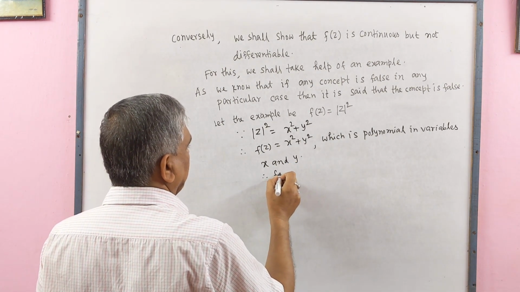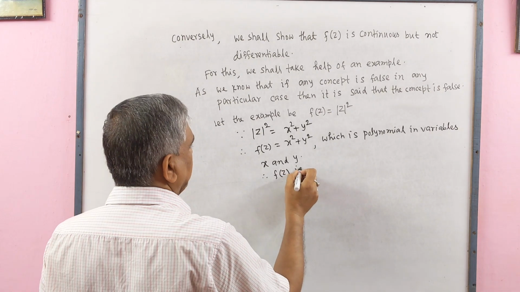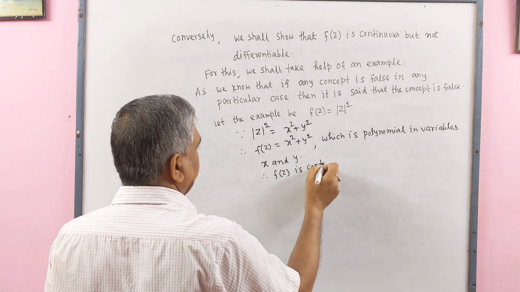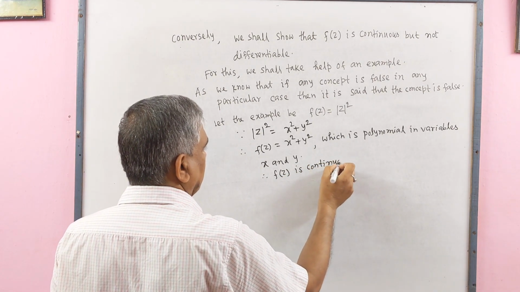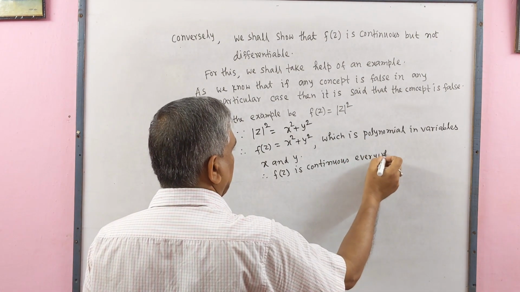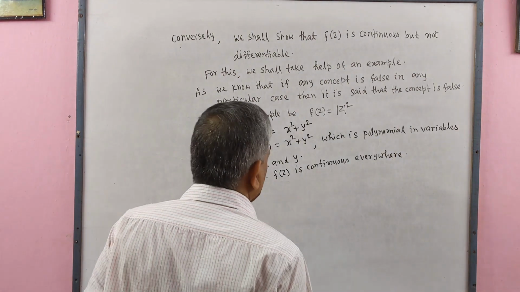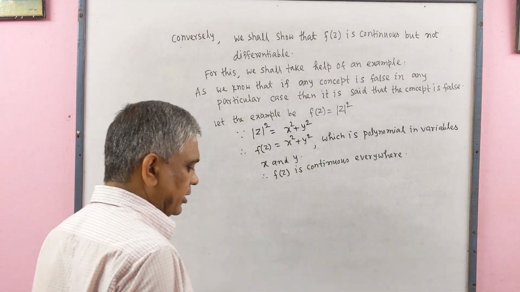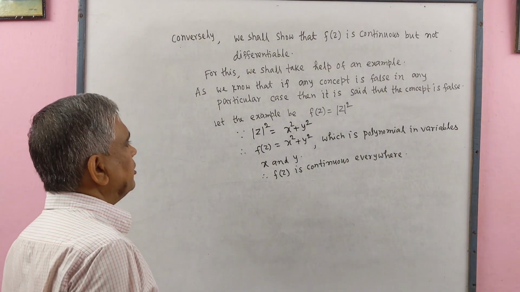Therefore, f(z) is continuous everywhere. Now we shall show that it is not differentiable at the origin.